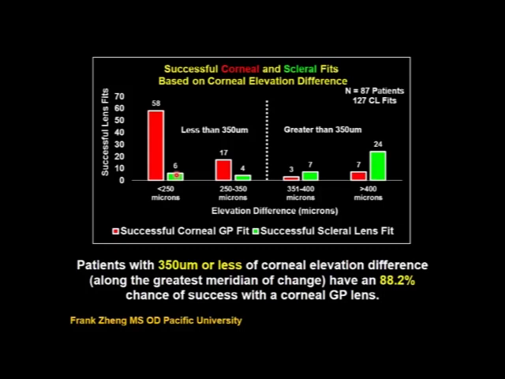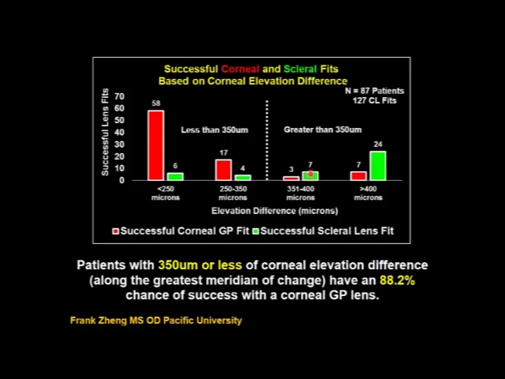What you can see is that in 88% of the cases, when the elevation difference was under 350, a corneal GP could be successful. Now, by comparison, when the elevation difference is over 350, that's where corneal GPs were less successful, that we needed to go with scleral lenses far more often.